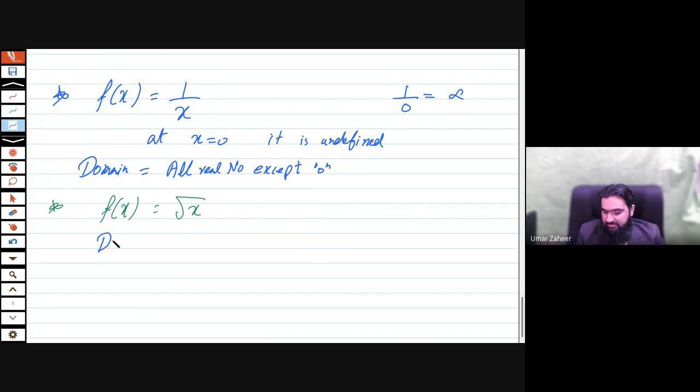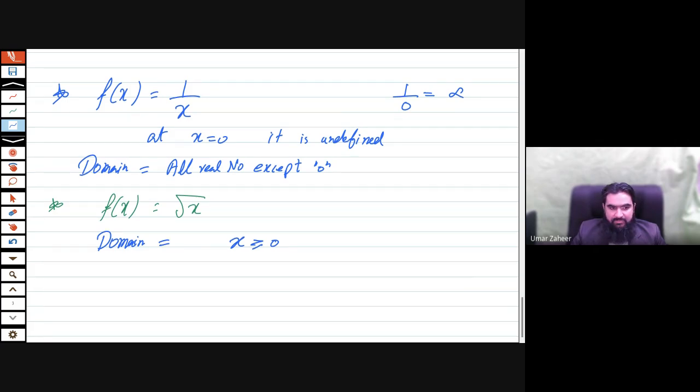So the domain is 0 and all positive numbers. In short, we have to write x is greater than or equal to 0.